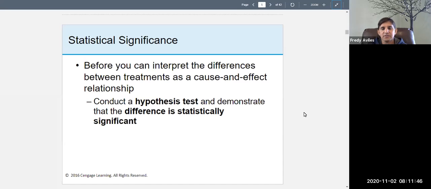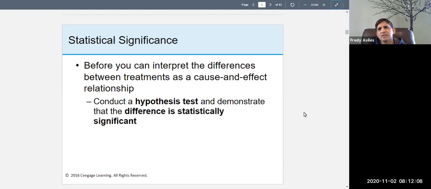We talked about hypothesis testing when we talked about statistics. But all that means is you're going to compare the groups and you need to determine that there's a real difference between them, that it is statistically significant. And you determine that with a hypothesis test. Is the difference real, or is it non-significant?